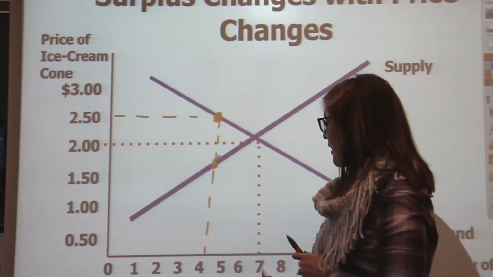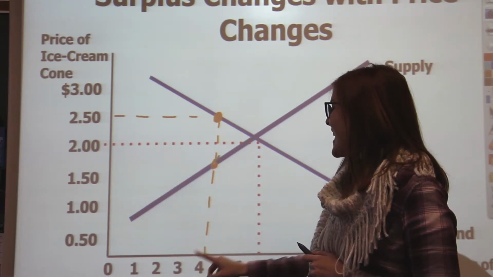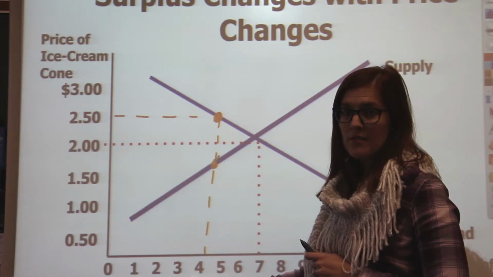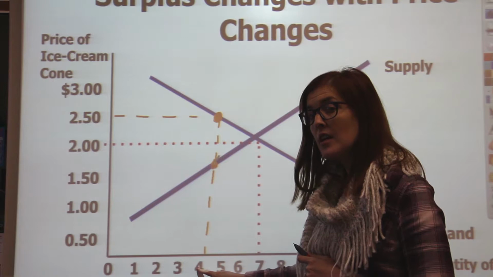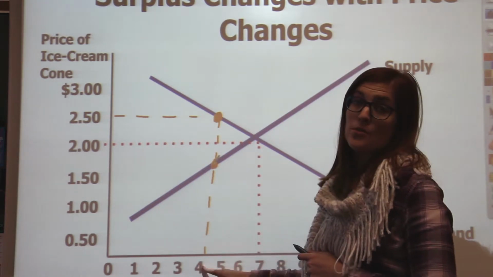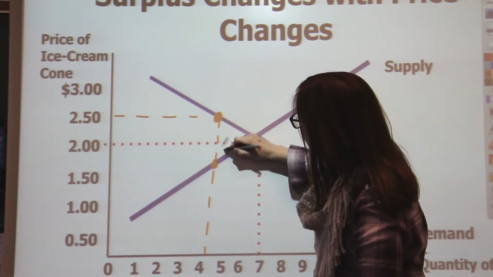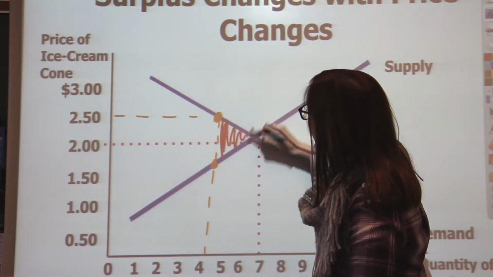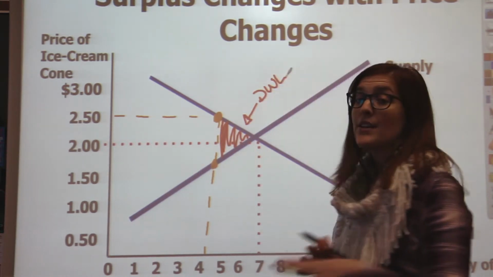So it brings our quantity from 7, where it was at equilibrium, to 4. And this is a really important difference, because by moving our quantity down to 4, we are decreasing our total surplus, because now we have a new area right here that didn't exist before, and this area is known as deadweight loss.